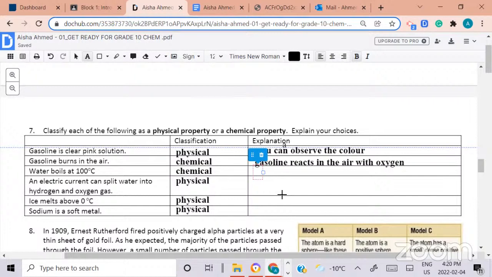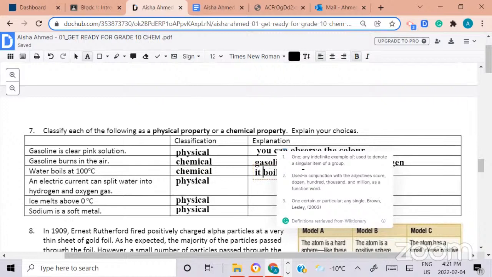And then, water boils at 100 degrees Celsius. That is a chemical property, I'm pretty sure. Explain your choice. It's a chemical property because it has to do with the temperature changes.